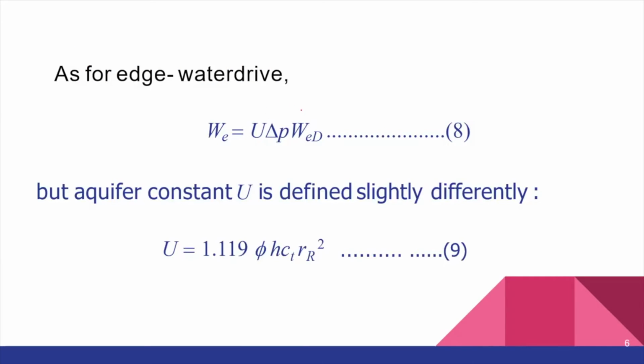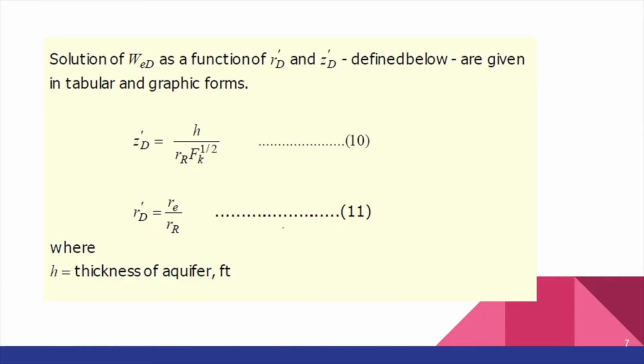For this bottom water drive, We water influx is the same formula, U delta P WeD, but for the aquifer constant U, it changes slightly, and we have the height of the reservoir here. And WeD is a function of R prime D and Z prime D defined below.